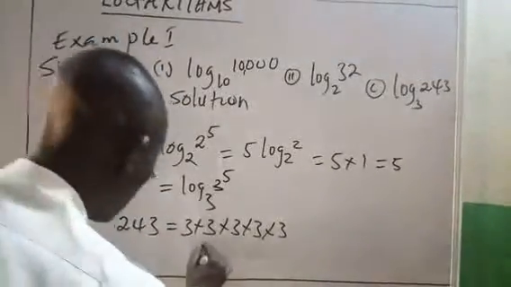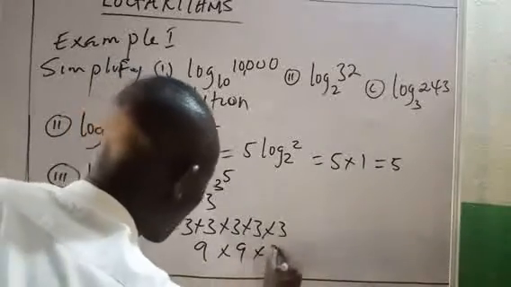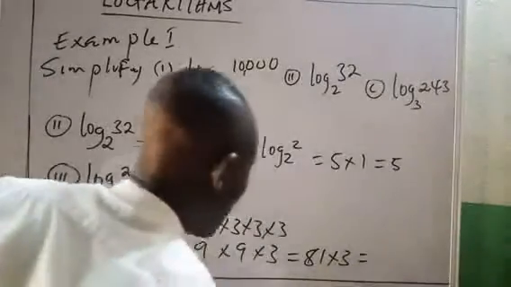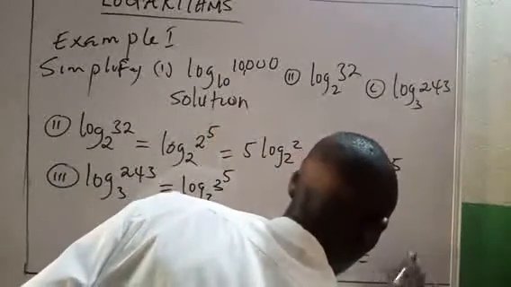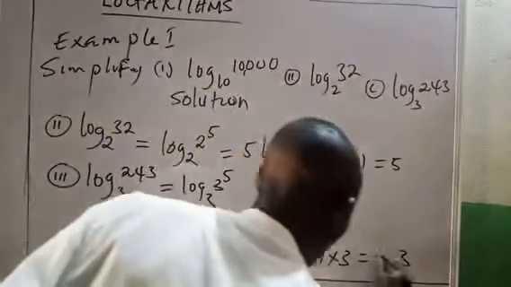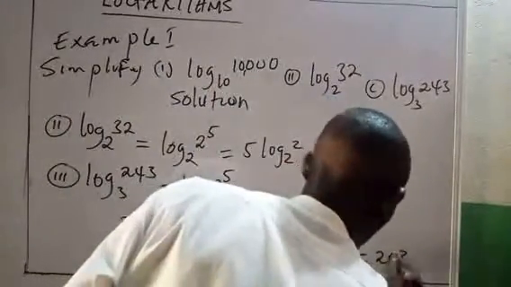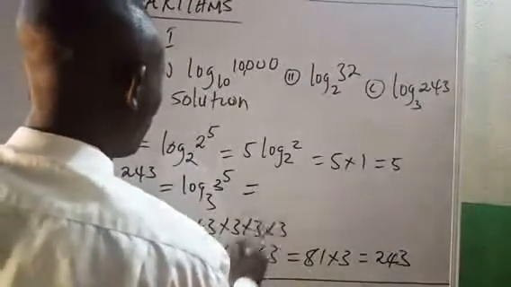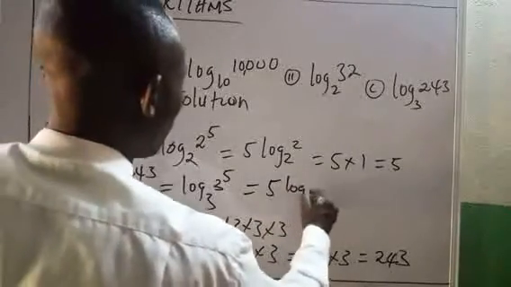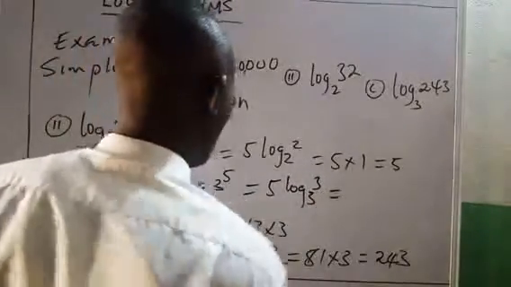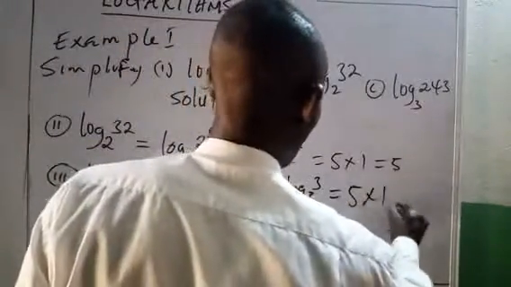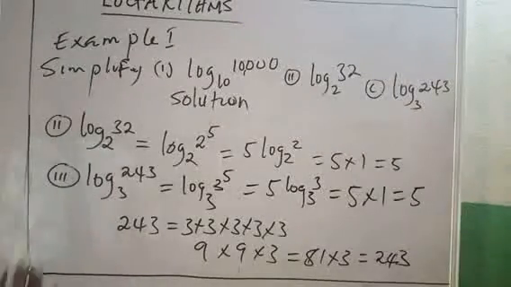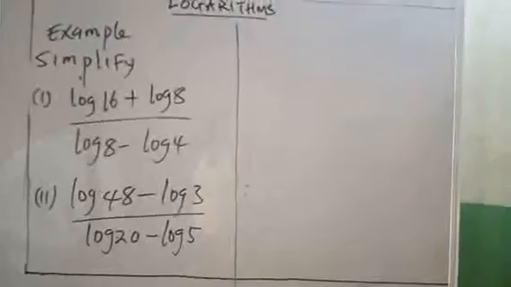So you solve this, this will give you 9 times 9 times 3, that will be equal to 81 times 3. 3 times 1 is 3, and 3 times 81 is 243. So that is how we get 243. So this one is the same thing as what? 5 log 3 base 3, and that will be equal to 5 times 1, which is equal to 5.